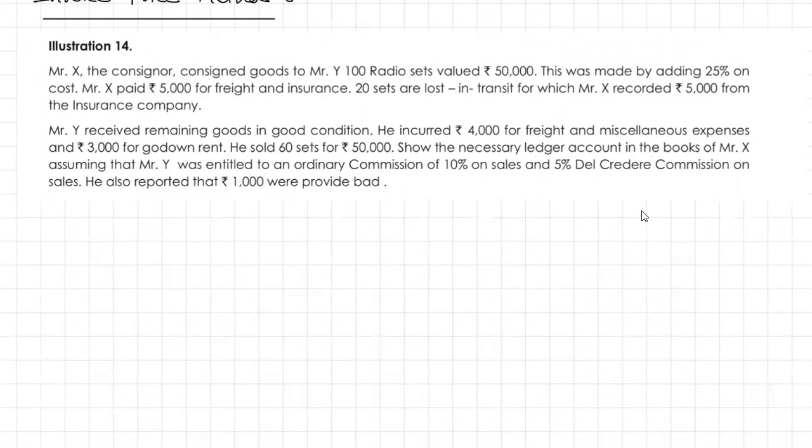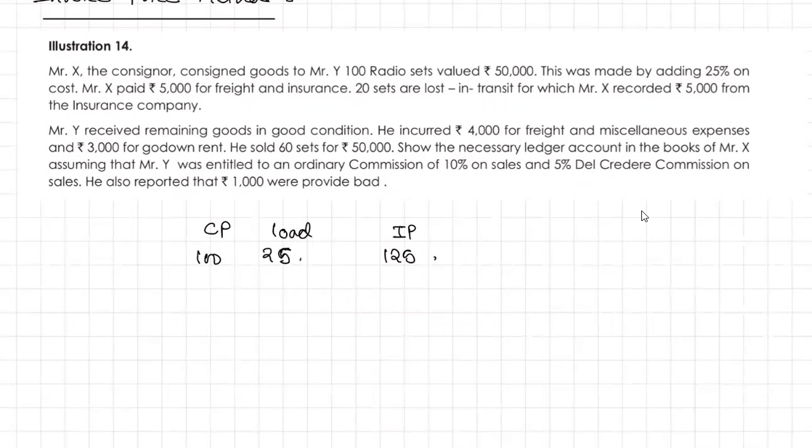Okay, let's read out the question. Mr. X consigned goods to Mr. Y, 100 radio sets valued at 50,000. This was made by adding 25% on cost. So if my cost price is 100, then my invoice price is 125, so the loading is 25.